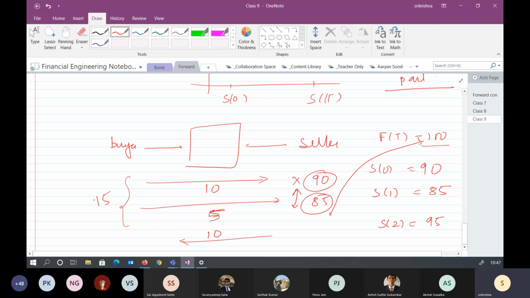So for the buyer, it will now be minus 10, minus 5, and plus 10. The difference is minus 5, which means that the price is 95. Are you getting this part? Yes, sir, I got it. Otherwise, if every day you try to see the difference, it will be too much.